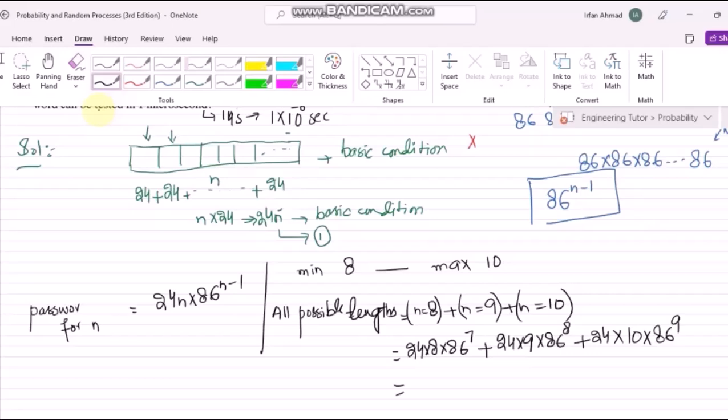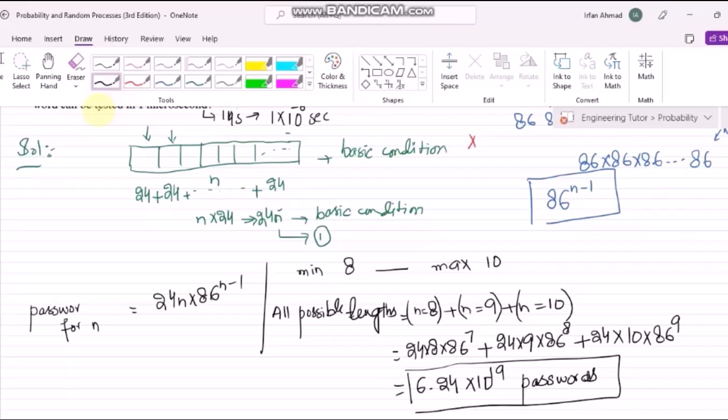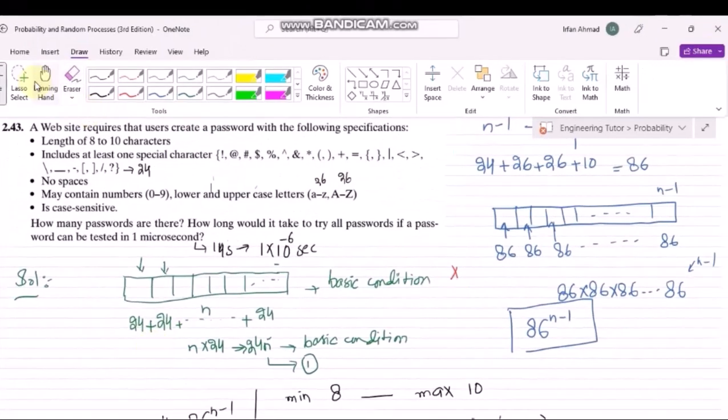So what will be the answer here? By calculating it, I will get 6.24 into 10 raised to power 19 passwords. So these are the total number of passwords which I will obtain from the conditions given here.